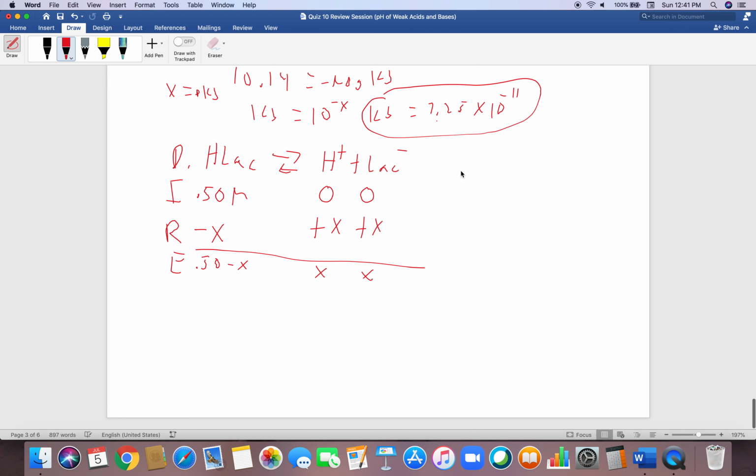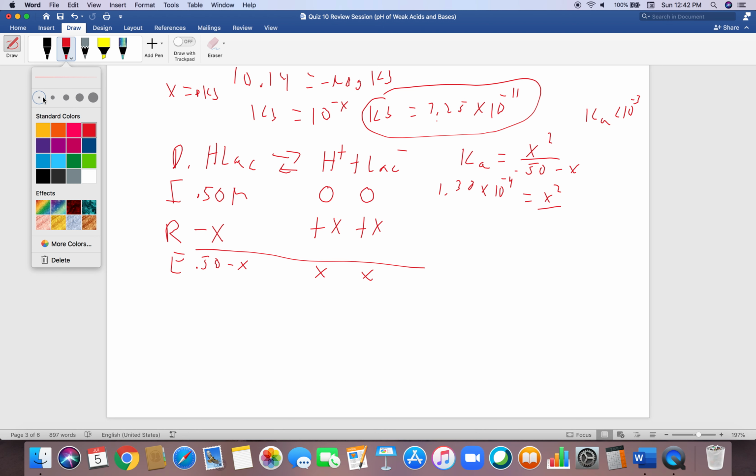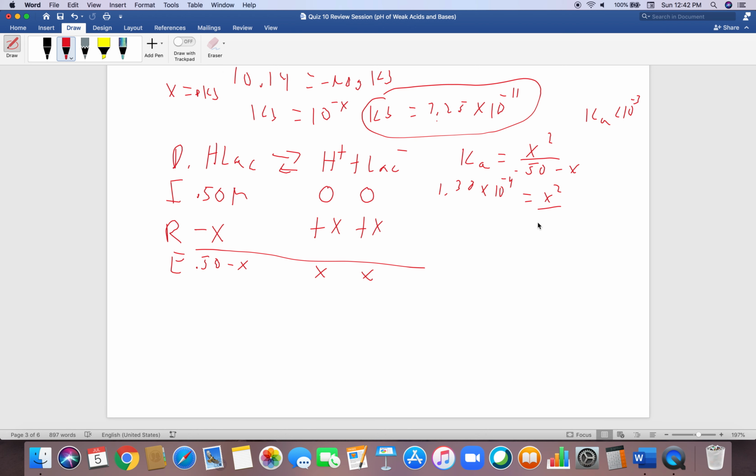So the Ka would equal X squared over 0.5 minus X. Now, since the Ka is less than 10 to the negative third, we can drop the X. So the Ka, which is 1.38 times 10 to the negative fourth, equals X squared over, I'm sorry, we want to drop the X, over 0.5 molar.